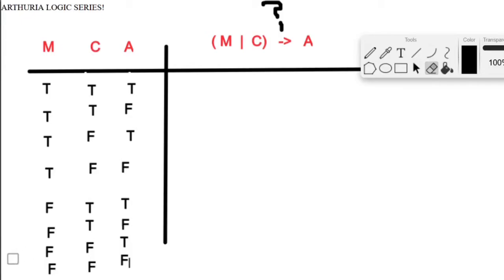But you kind of brute forced it. You actually do it the exact opposite way because thinking in that way is hard, right? Because I have to keep in mind what my or statement means and what my if-then statement means. Instead, we'll apply a trick and work inside the parentheses first. When M is true and C is true, M or C is what?